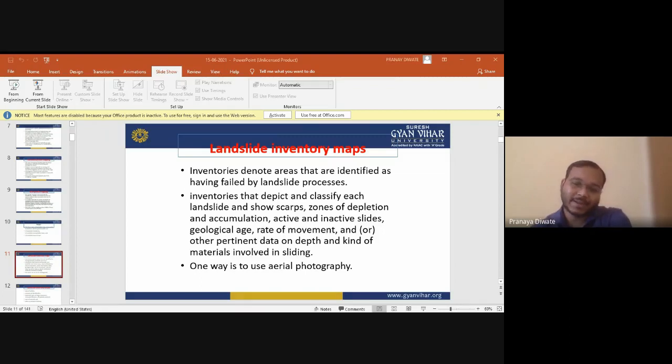Now you can analyze that some of the landslides are mostly concentrated on a specific geological area. Then you can analyze this further.